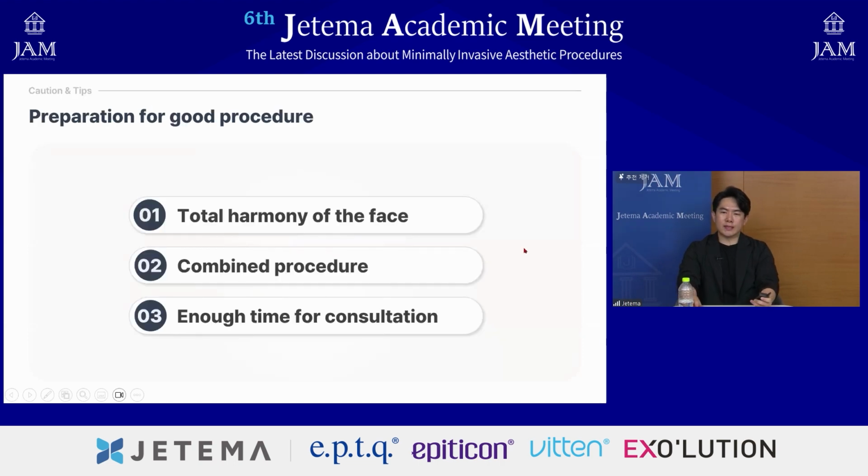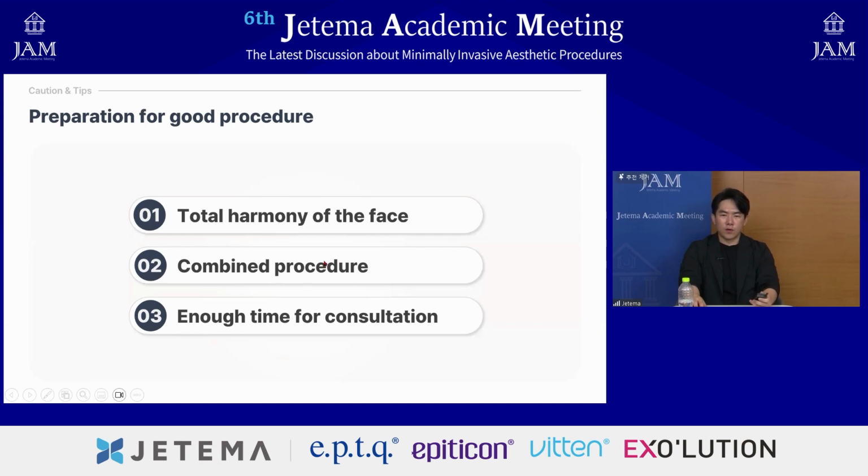To treat the infraorbital hollowness, I recommend doctors see the face as a whole, not just one part, because if you just treat the infraorbital hollowness itself, then it might not look very young, because the whole face is old. And if only the infraorbital area is young, it'll look very weird.